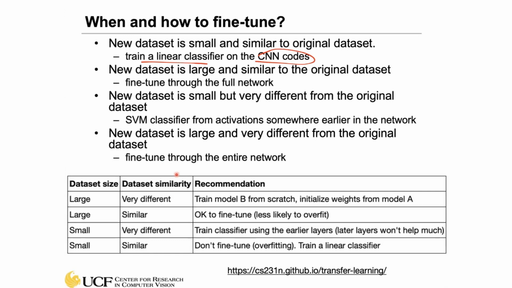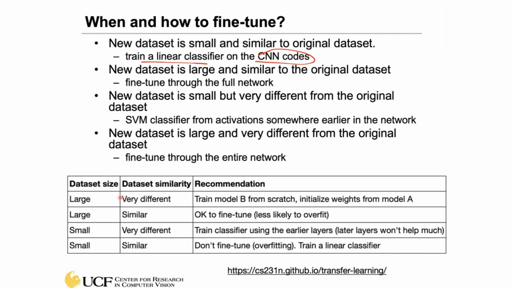Now let's consider you have the target data set, the data set for your application, either medical image computing or other specific applications. So there are a couple of situations listed here.